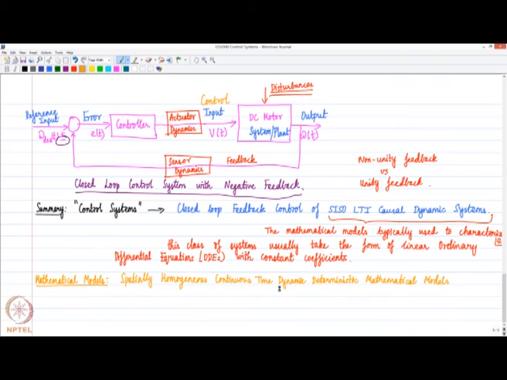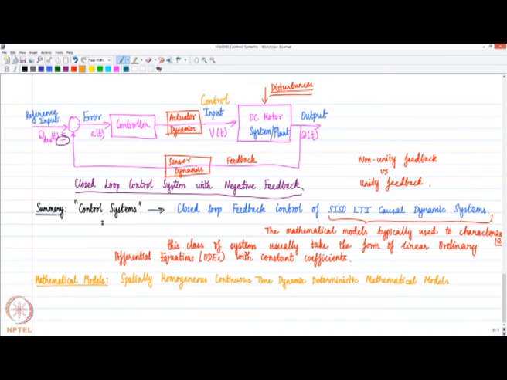It is something which explicitly considers future states of the system, and it incorporates what is going to happen to the system in future by incorporating derivatives of the variables. Deterministic means we neglect any stochastic effects. We do not consider variables as random variables, we consider all variables as deterministic, and we are going to have deterministic models. So this is the class of models that we are going to use.